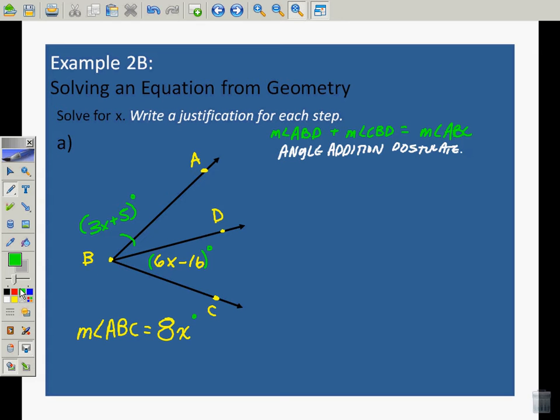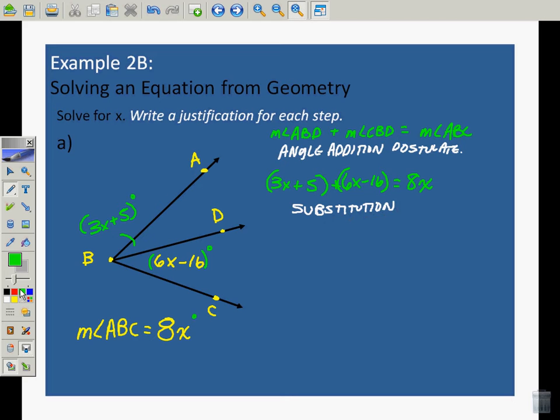And so my next step is going to be to say, okay, well, then that means that 3x plus 5 plus 6x minus 16 is equal to 8x. The justification for that step would be saying I've substituted the values. Okay?